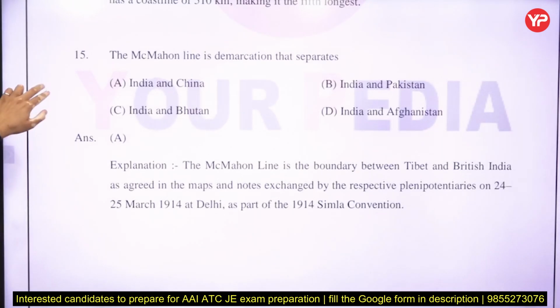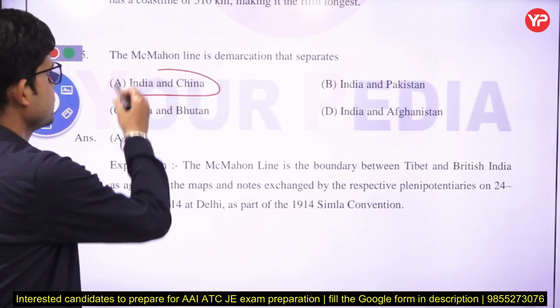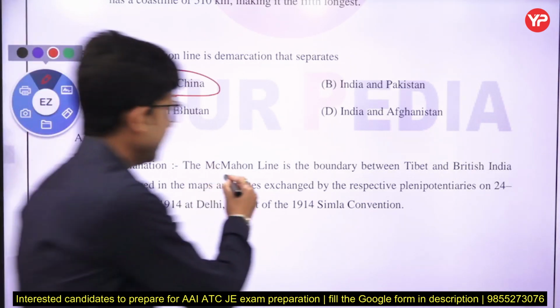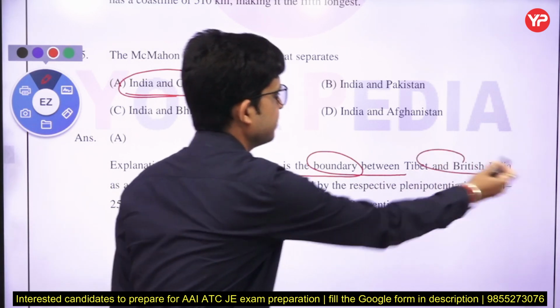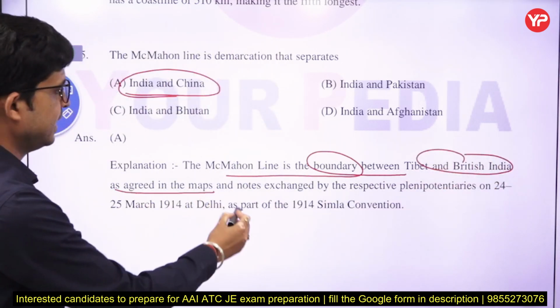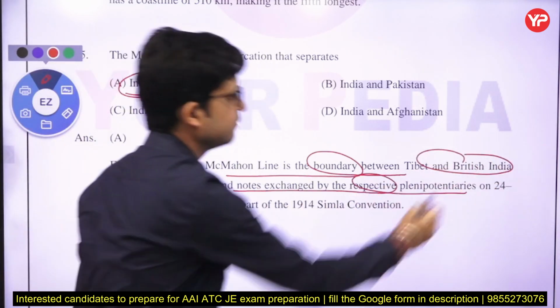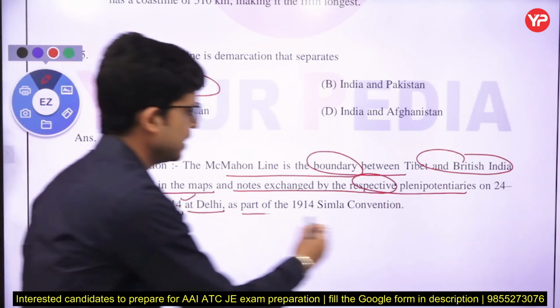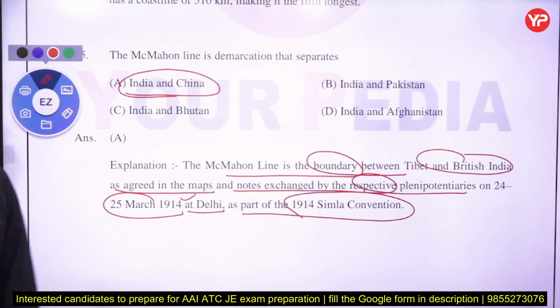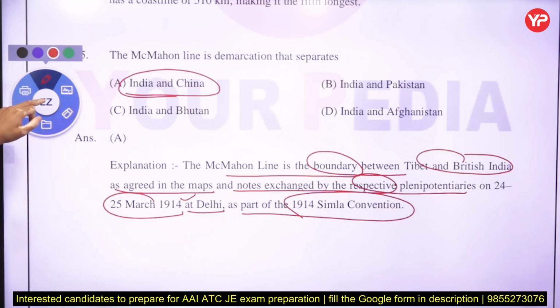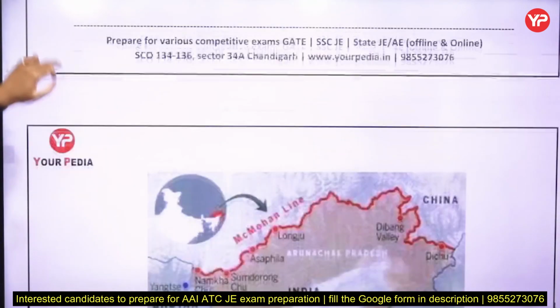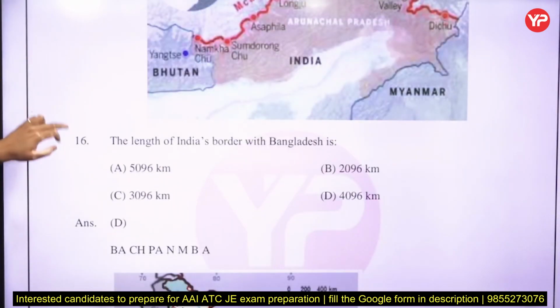The McMahon line separates, obviously, India and China, or particularly China and Arunachal Pradesh. The McMahon line is the boundary between Tibet and British India as agreed in the map notes exchanged by the respective parties on 25th March 1914 at Delhi as a part of the Shimla Convention. ठीक है, but basically China didn't recognize it. There is a dispute regarding this line from China's side.